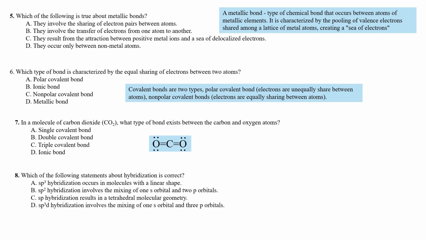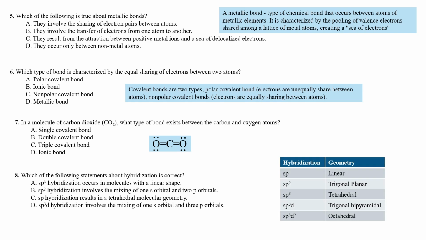Question number 8. Which of the following statements about hybridization is correct? There are different types of hybridization we discussed: sp, sp2, sp3, sp3d and sp3d2, mainly five hybridizations.